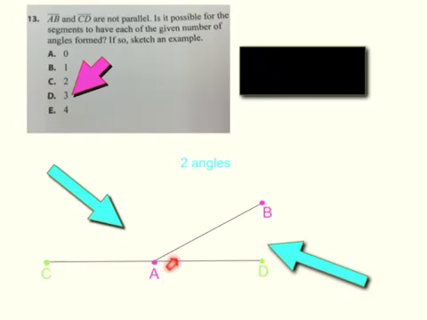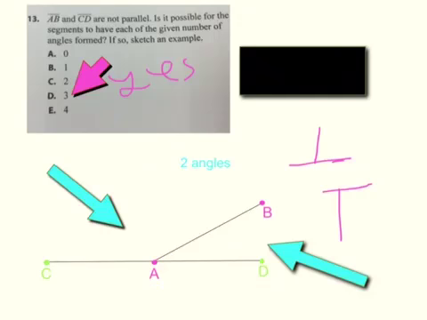So you have one angle here, and for C we would put yes, and we could sketch it like this, or like that, or that.